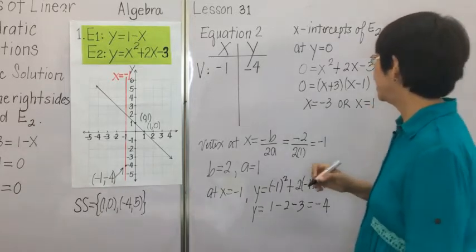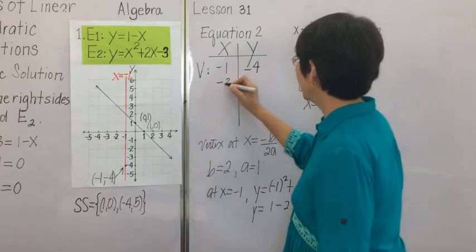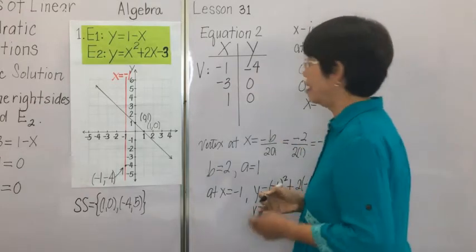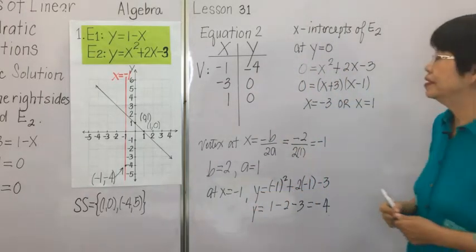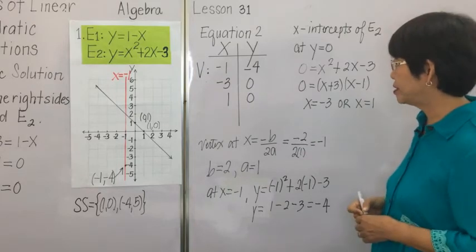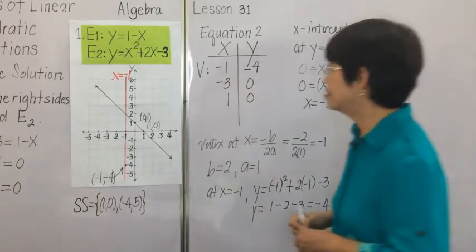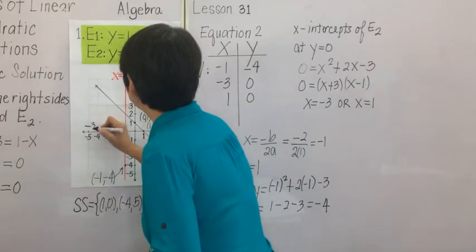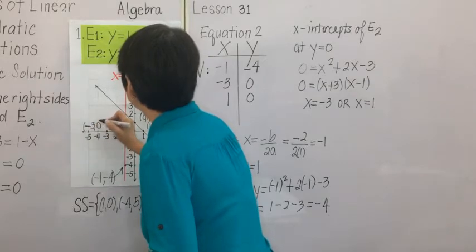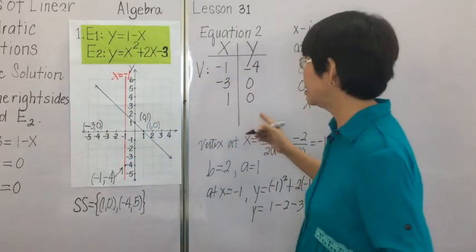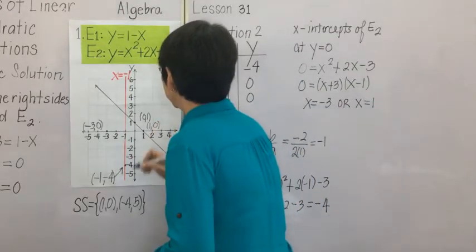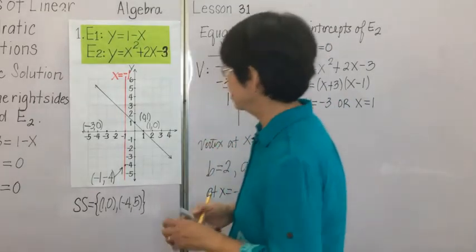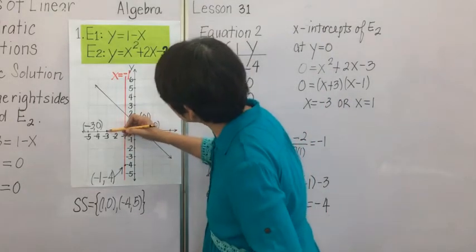So we have 2 points here when x is equal to negative 3 and x equal to 1. Both values have a y value of 0. And we can locate those points again. We have negative 3, 0. And 1, 0. 1, 0 is here already. So we can sketch the graph.